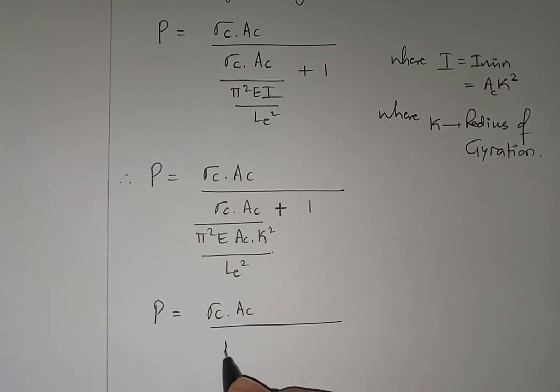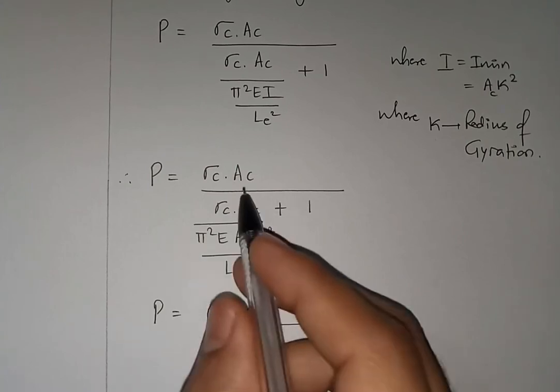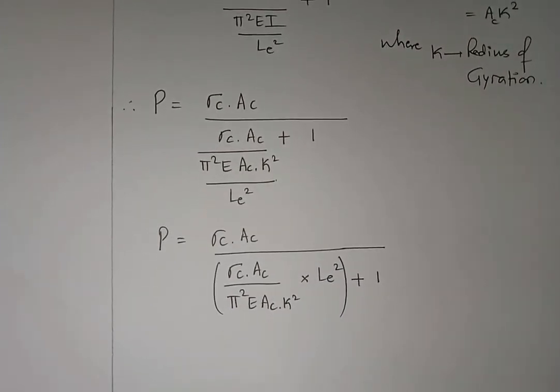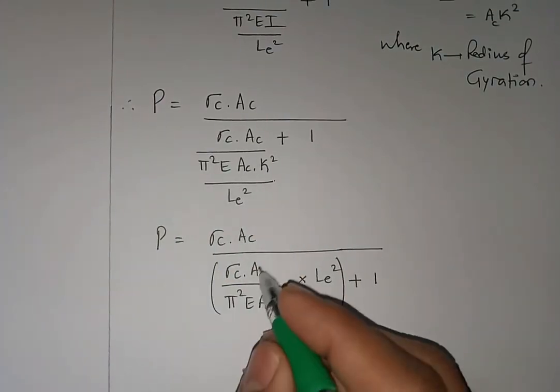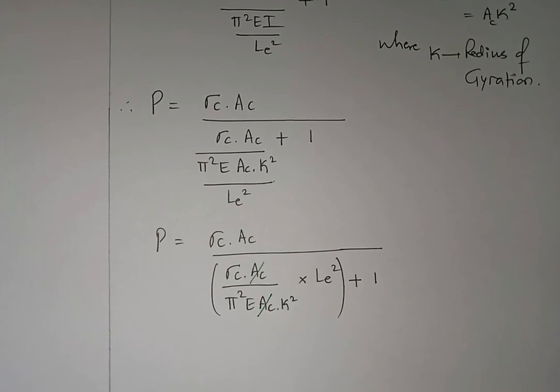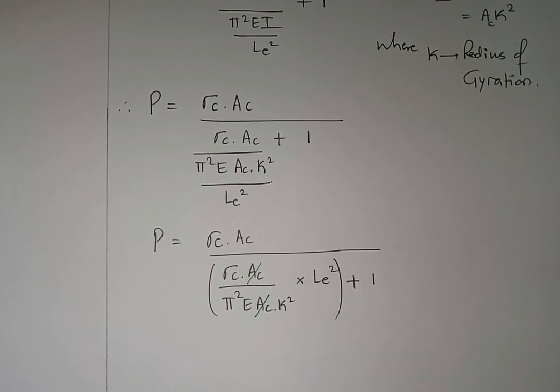You can write it as sigma C into AC divided by pi square E AC into K square, multiplied by LE square, which goes to the numerator, right? Plus 1 will remain as it is. Now you cancel the terms. So AC and AC are going to be cancelled. Right?